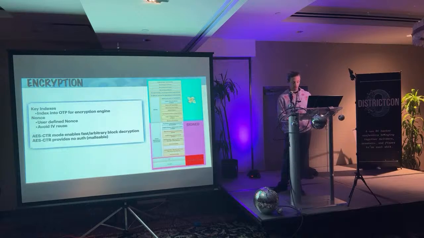The nonce actually ends up being the IV into that function. And again, we called out that CTR mode is used because it allows decryption of arbitrary blocks, which facilitates execute in place. The downside is that none of this is authenticated, meaning the only way it can detect that something went wrong is crashing.